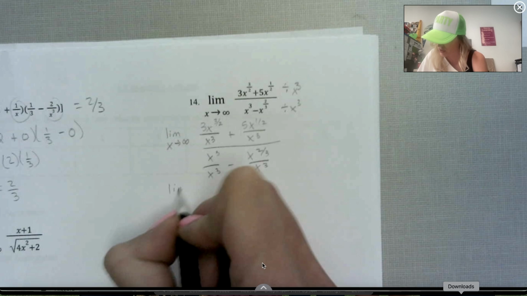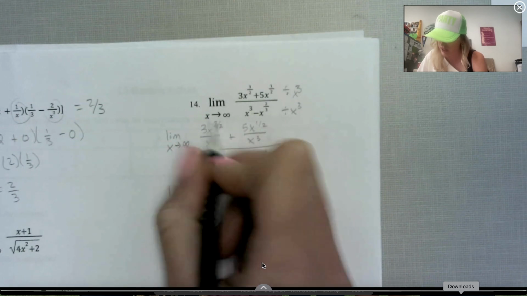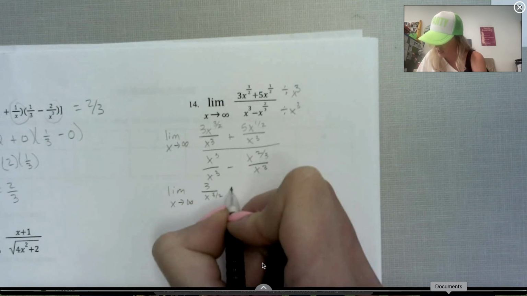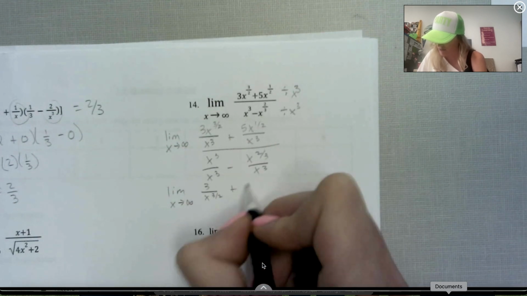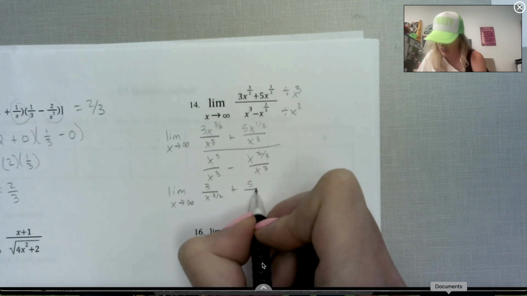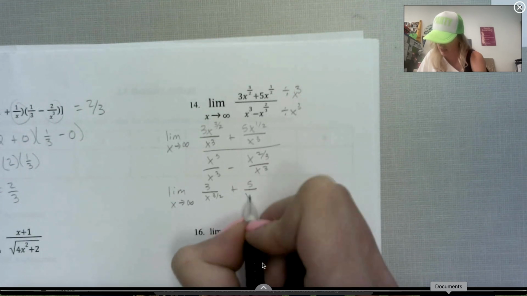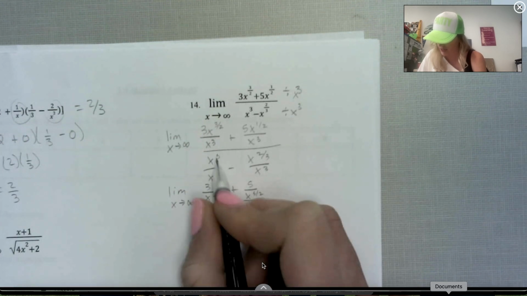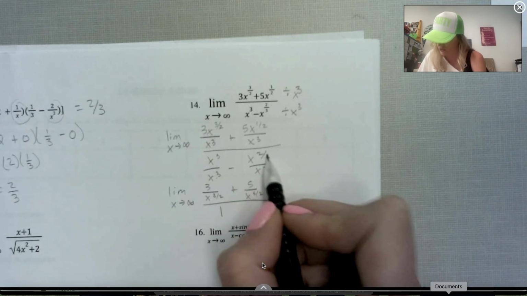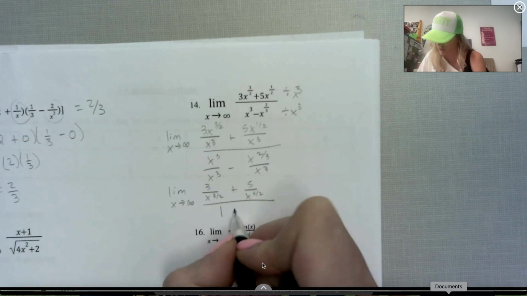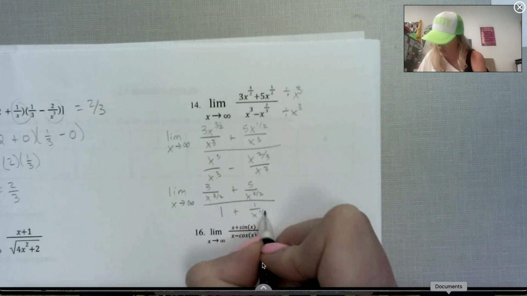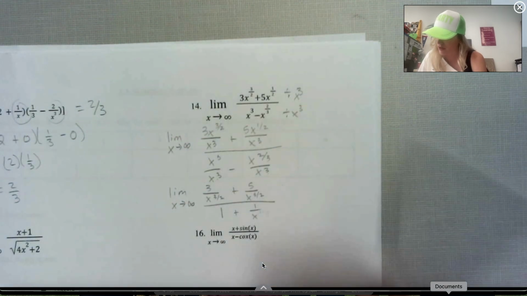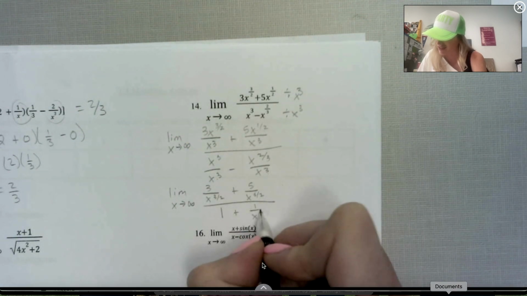So this is going to turn into the limit as x approaches infinity of 3 over x to the 3/2, plus 5 over x to the 5/2, over 1, minus 1 over x to the 7/3. X to the third divided by x to the third is 1. Oh, sorry, that's a minus 3, so 2/3 minus 9/3 is 7/3.